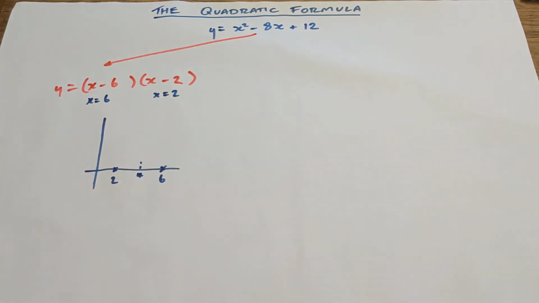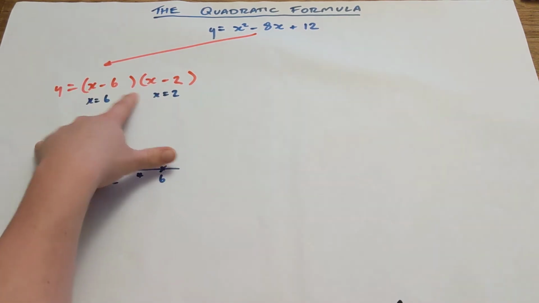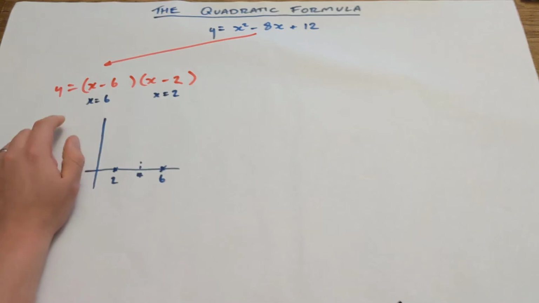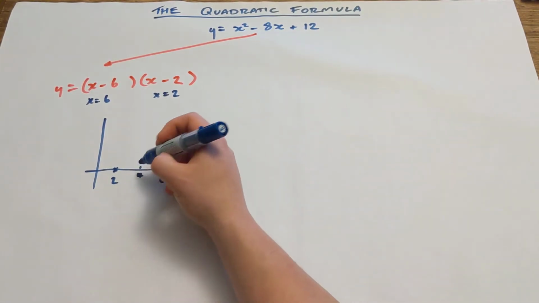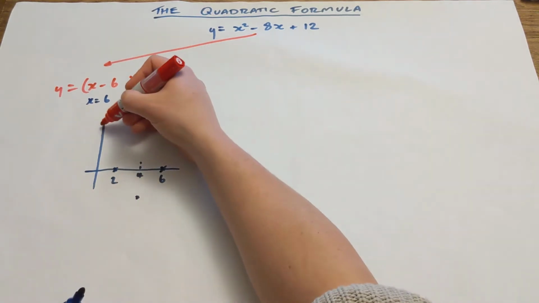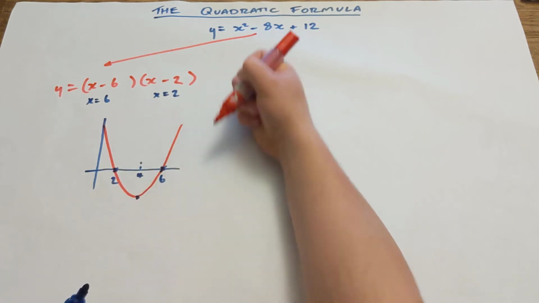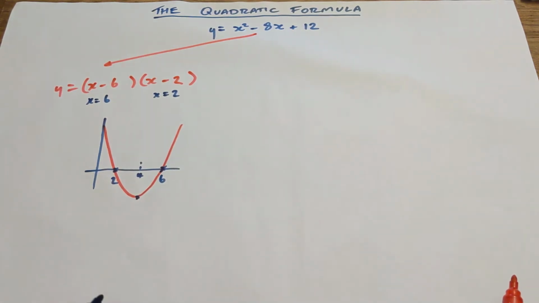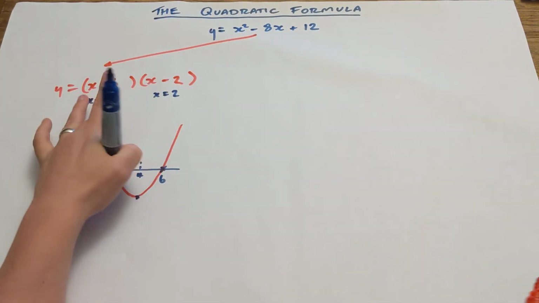Then we could substitute x equals 4 into here. That would give us a y value of negative 4, which would be down here. And then we could draw that graph. But we only know that because we factorized it into this form.